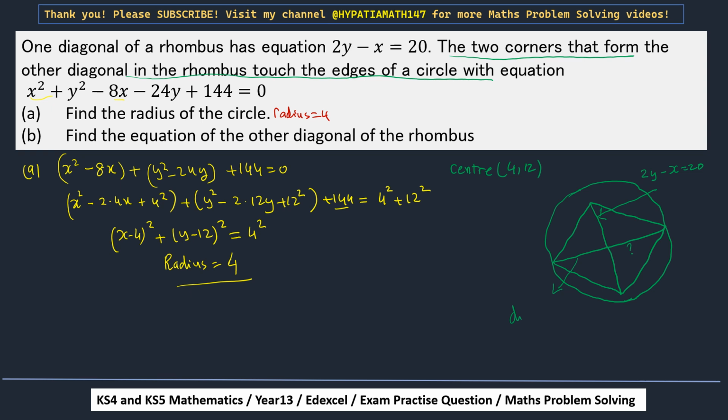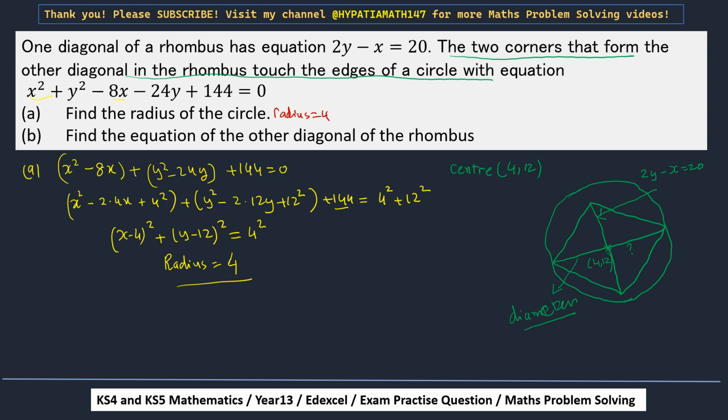I think the question is assuming that as well. And then you see they bisect each other, the diagonals. So this is the center. Then I know the center, and the center would be (4, 12).